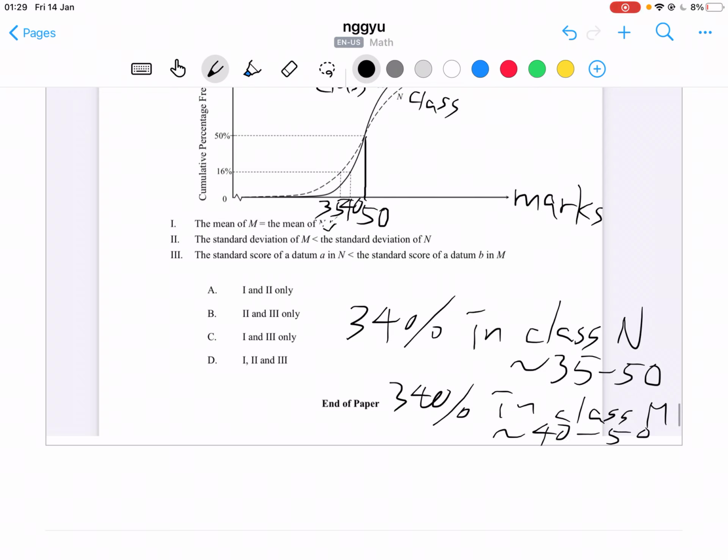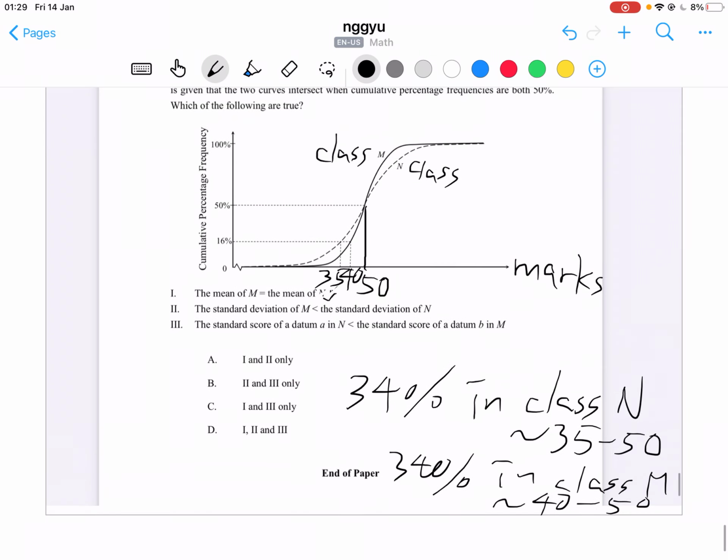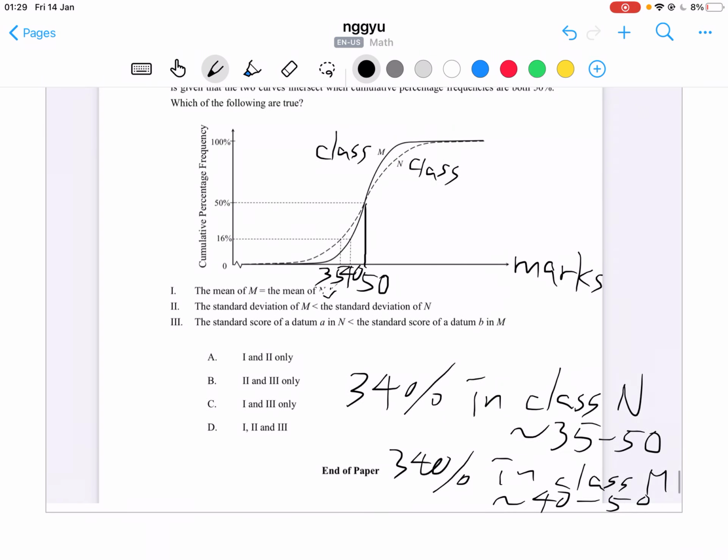So you can think some people may fail the test in class M, but even if they fail, they are not very far from the passing grade, which is 50. And if people in class N maybe get a 35, which is a little bit far away from the passing grade.